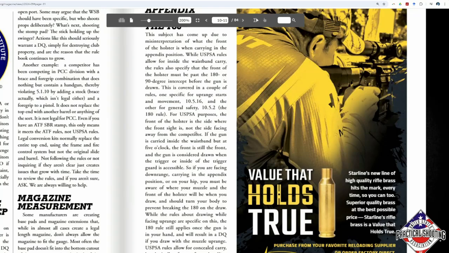So there are some slight issues with this. First off, there's no official ruling on this. This is just an opinion article inside of the Front Sight magazine.